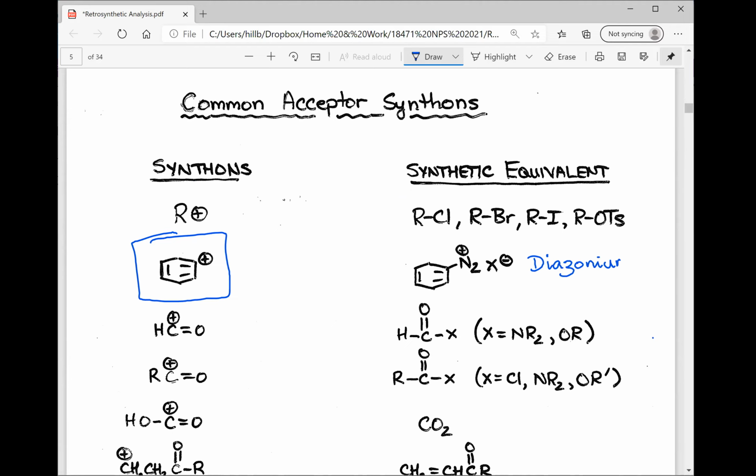Diazonium salts are an equivalent of phenyl with a plus. This nitrogen is a super leaving group, and of course it makes nitrogen gas. And so they're quite explosive, so they can be tricky to deal with.